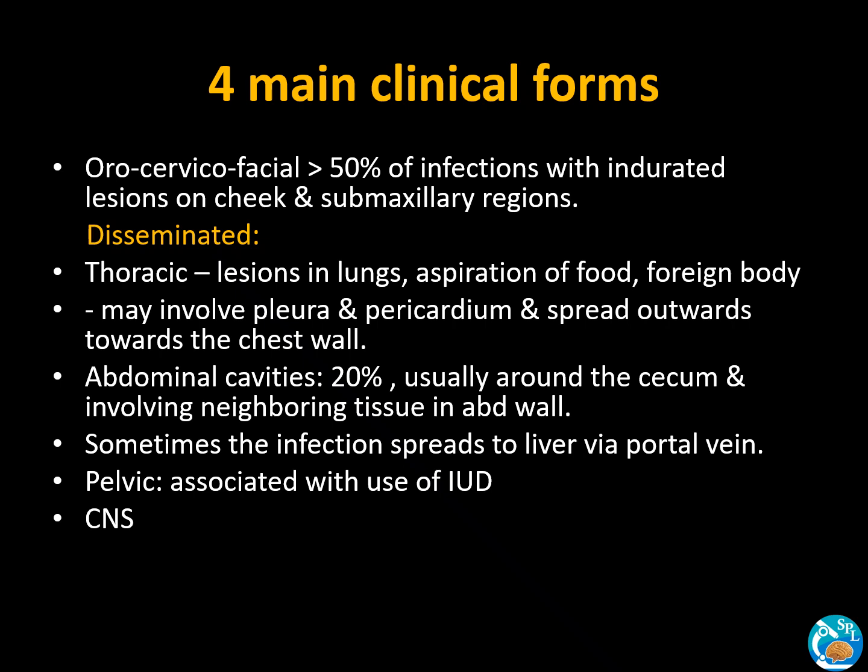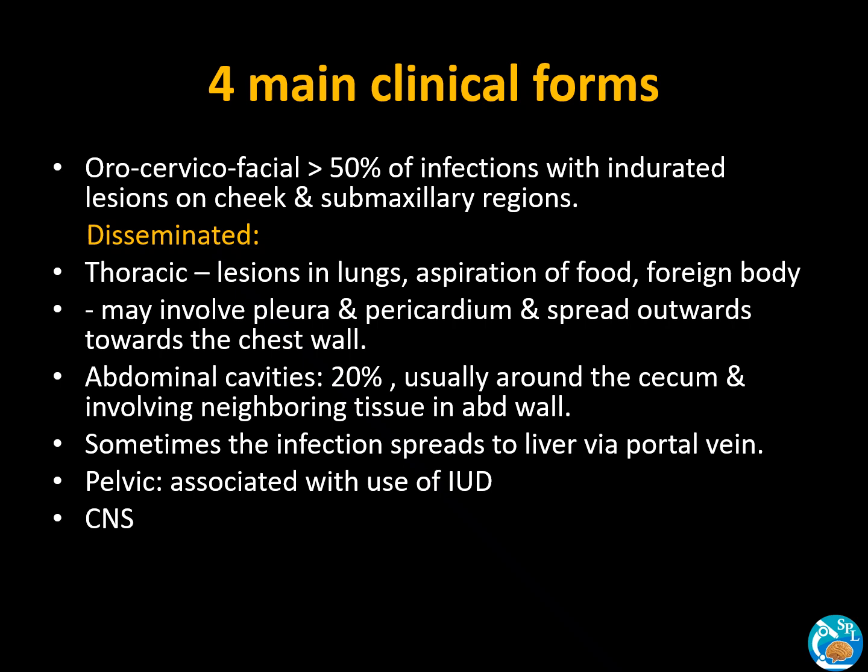Under the disseminated forms comes the thoracic. These lesions are found in the lungs, could be due to aspiration of food or a foreign body. These lesions may involve the pleura and the pericardium and spread outwards towards the chest wall.